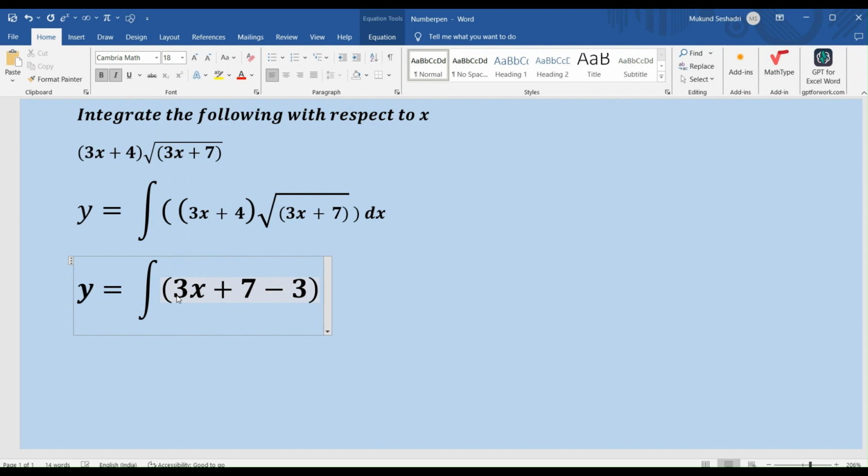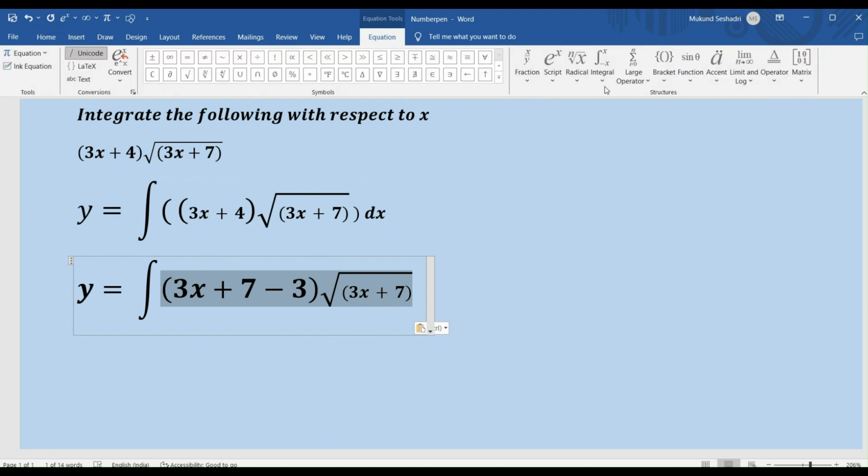I'm just rewriting my 4 as 7 minus 3, and then I still have my square root of 3x plus 7, right? So there I have the same expression with a little bit of alteration.